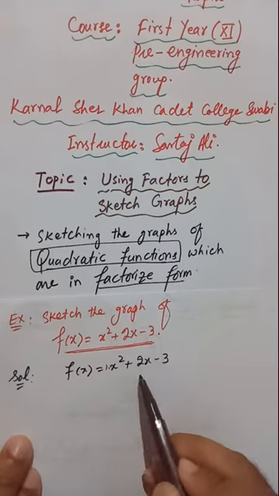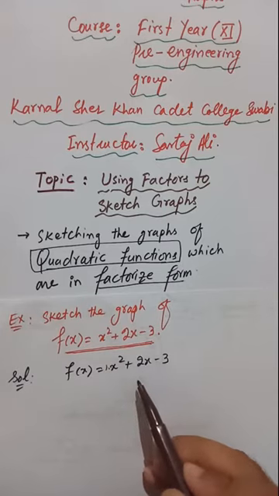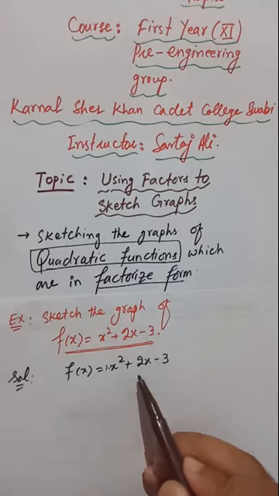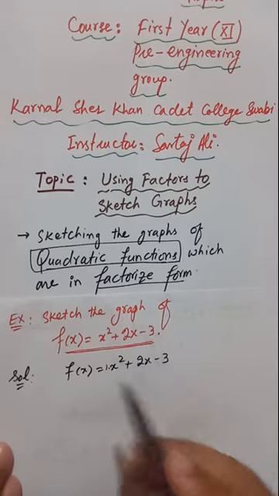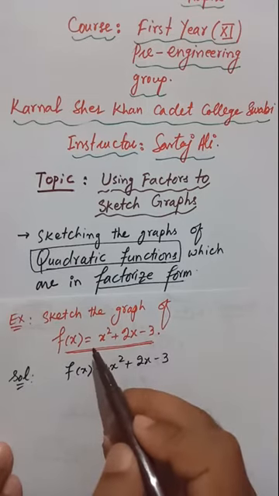So you need to split 2 into two parts such that the addition of those two parts is equal to 2 and the multiplication of those two parts is equal to minus 3.